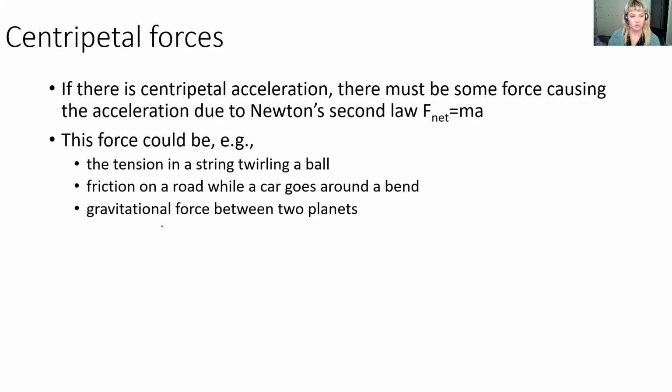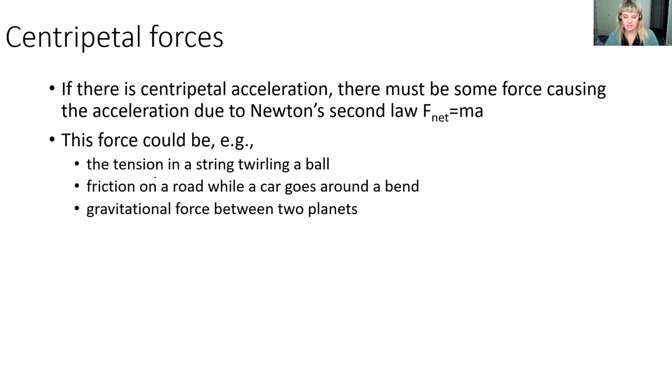Another example of a centripetal force could be the gravitational force between two planets. The Earth experiences a gravitational force from the sun, and it's directed directly towards the sun. Therefore, the Earth has a centripetal acceleration that points directly towards the sun, and it moves in an almost circular path around the sun.